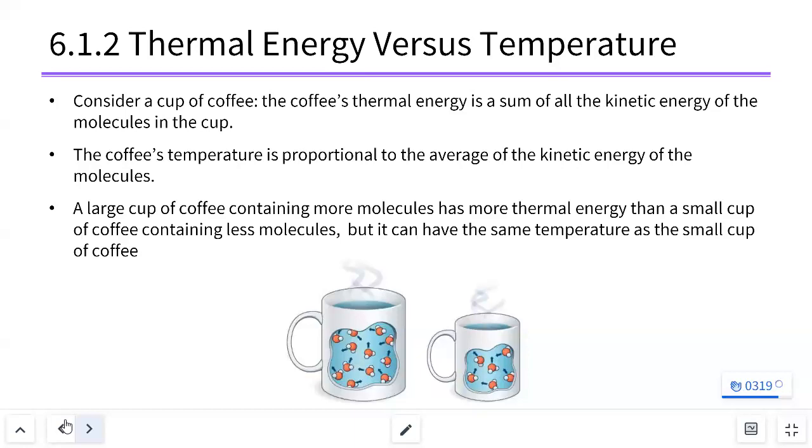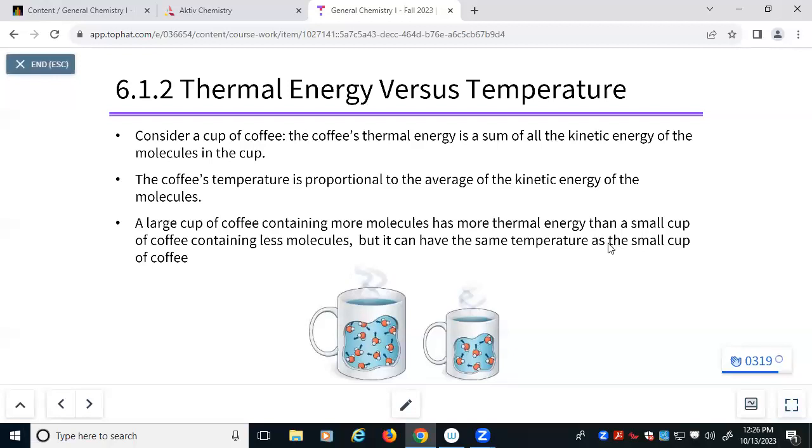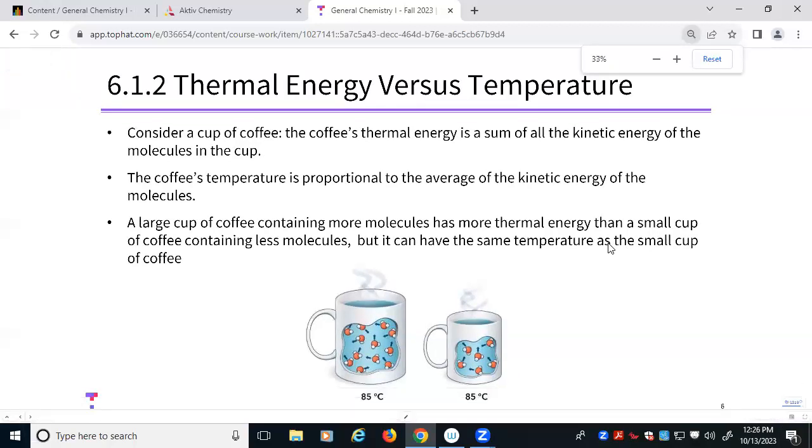So if I measure an object to be 85 degrees, and I measure this other object to be 85 degrees, if I go down to the molecular level, each one of these objects is going to have molecules traveling at roughly the same speed because each of them has the same average kinetic energy.